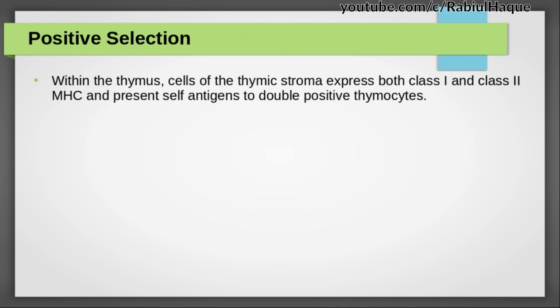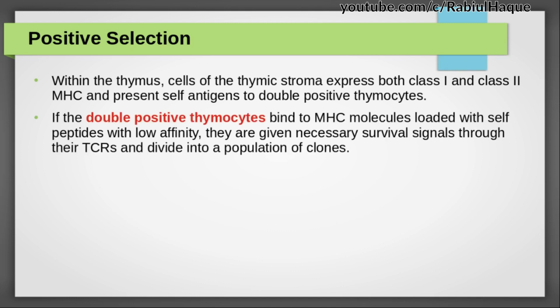Within the thymus, cells of the thymic stroma express both class 1 and class 2 MHC proteins, and with the help of these proteins, they can present self-antigens to double positive thymocytes. If double positive thymocytes bind with low affinity to major histocompatibility complex molecules that are loaded with self-peptides, they are given the necessary survival signals through their T-cell receptors, and they will divide into a population of clones.